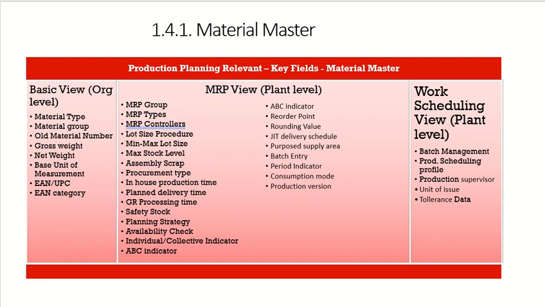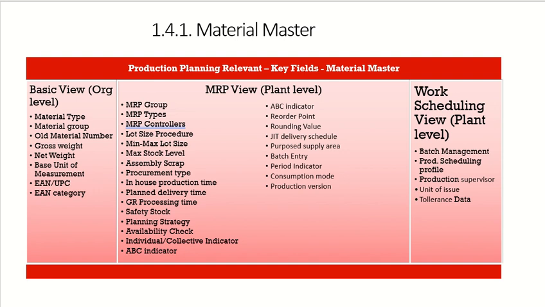Then for production planning, the important views are MRP1, MRP2, MRP3, MRP4, and the work scheduling view. In these views we have different fields: MRP group, MRP type, MRP controller. These are the fields where we need to maintain the data to identify our product.